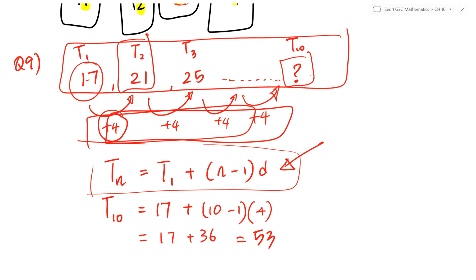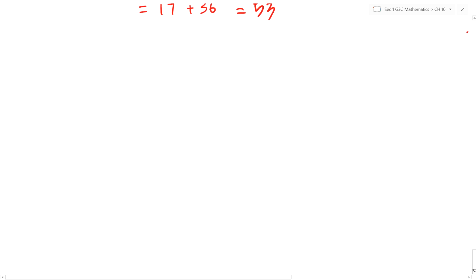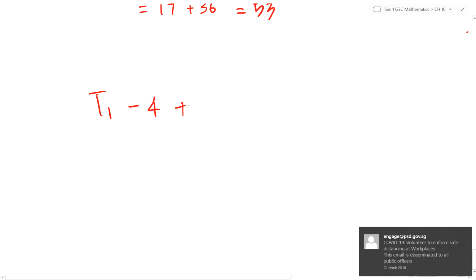Only for common difference, yes? Do you have another method? Okay, what is your other method? Term 1 minus 4, and then? Okay, this is equal to 13, then what do you do?